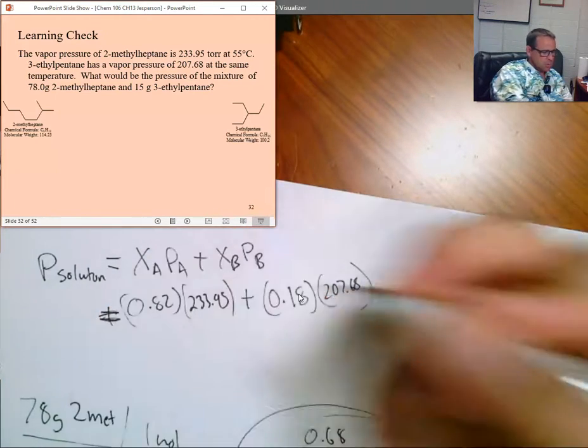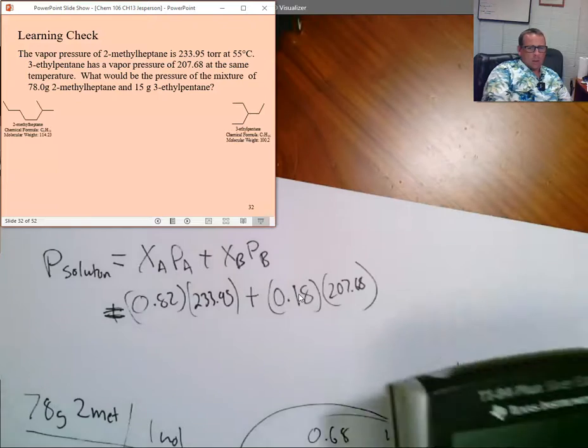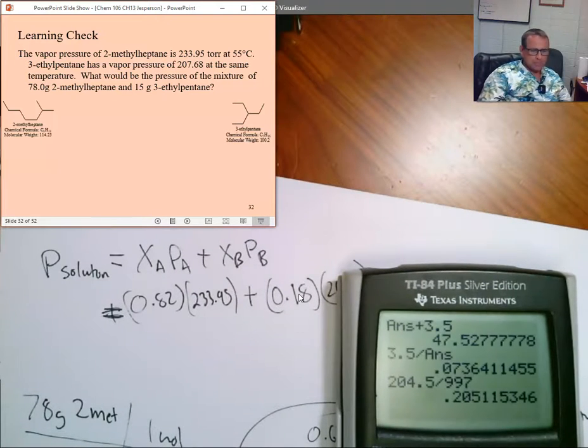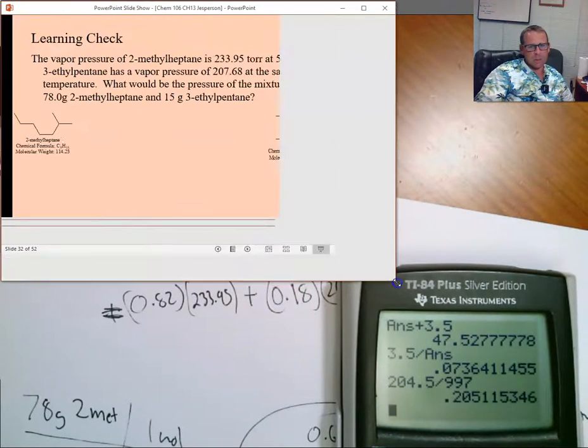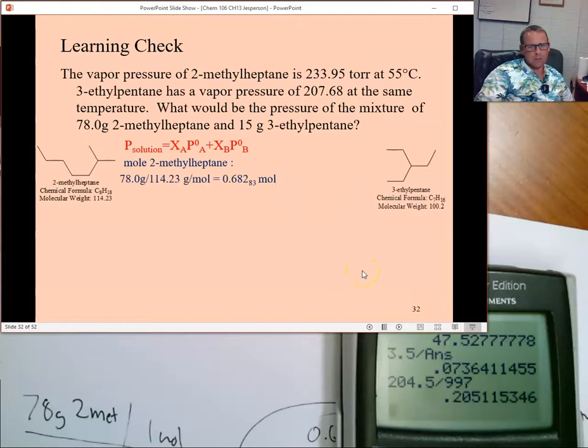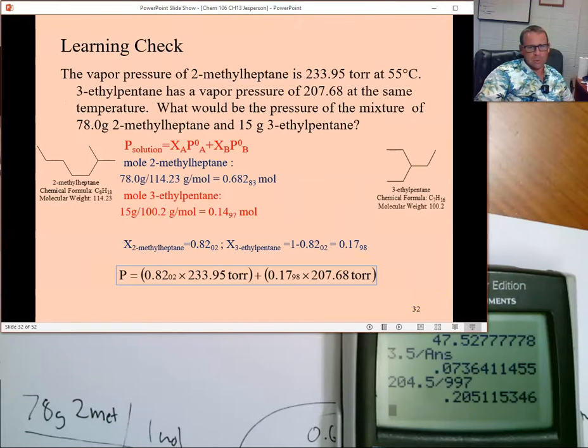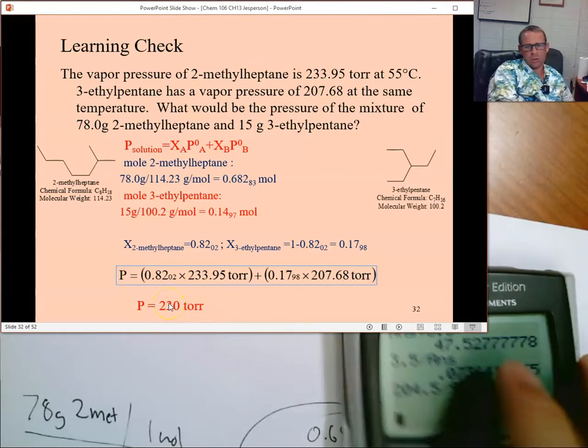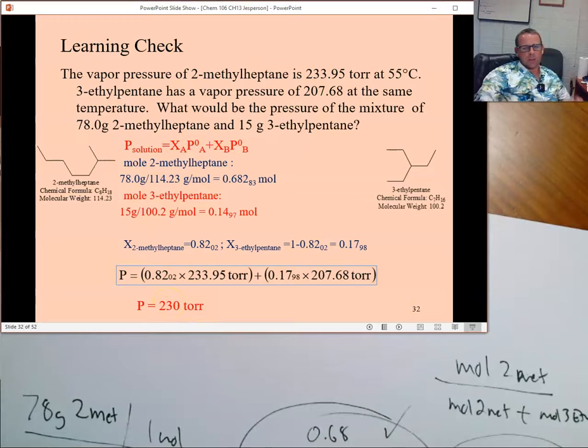Whoops, equal sign. So, I'm just going to actually, instead of doing that on the calculator, I'm going to click right here. Very good. So, our resulting pressure, 230 torr, right? So our mole fraction of A times the vapor pressure of A plus mole fraction of B times the vapor pressure of B. Very good.